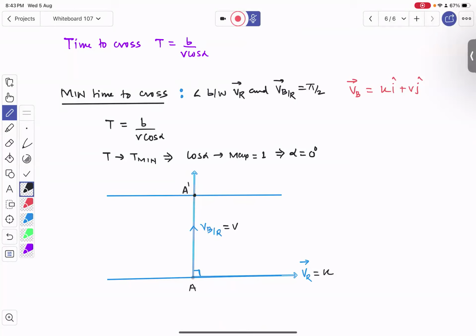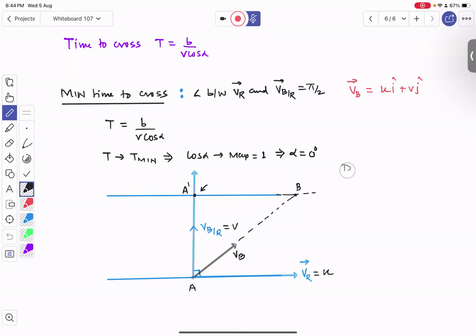He will be trying to reach here, because he will always be trying to steer the boat perpendicular to the flow. But where he reaches will be decided by the VB vector. The sum of VBR and VR, the VB vector, will be lying somewhere in between them. So the point where he really reaches is this point P.